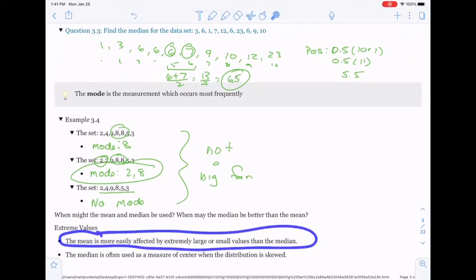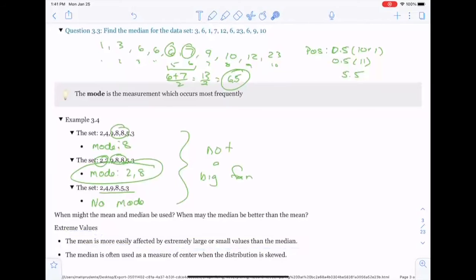The problem is it's really affected by extremely large or extremely small values, whereas the median is not affected by how drastically large or small data points are. All the median cares about is that they're bigger than the middle or smaller than the middle. The mean, though, cares about the actual value.